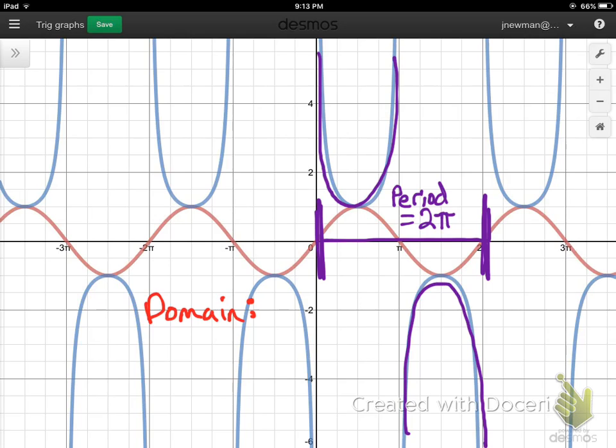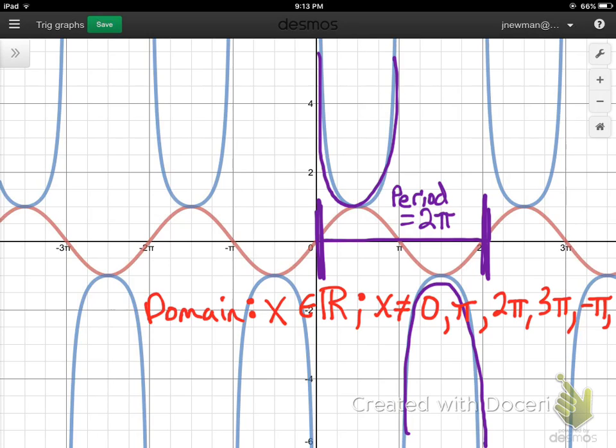The domain and range of this function are also very bizarre. The domain is all x's, because you can plug in anything, except you can't plug in 0 because there's an asymptote there. At every asymptote you can't plug in, which also happens at π, 2π, 3π, 4π, 5π, 6π, and the negatives: -π, -2π, and so on.